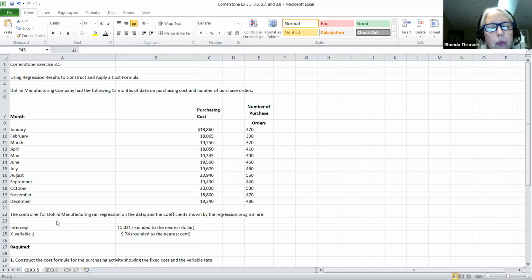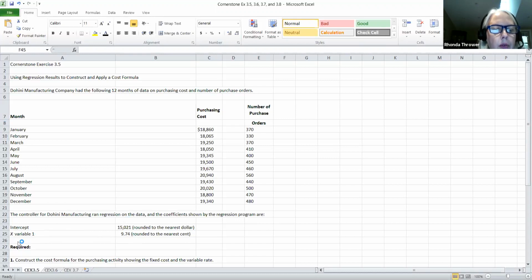The controller for Doheny Manufacturing ran regression on the data, and the coefficients shown by the regression program are as follows. An intercept of $15,021. When you see the term intercept, it really means fixed cost.